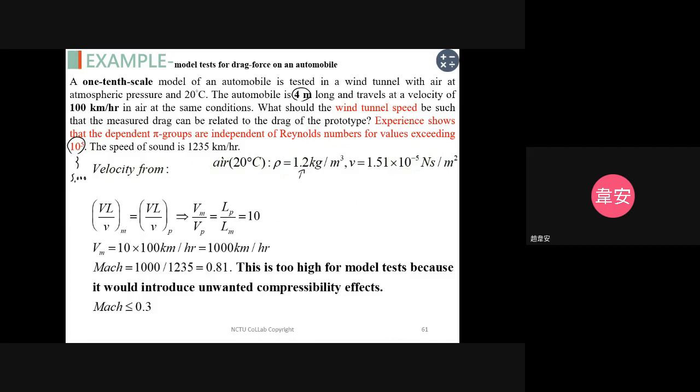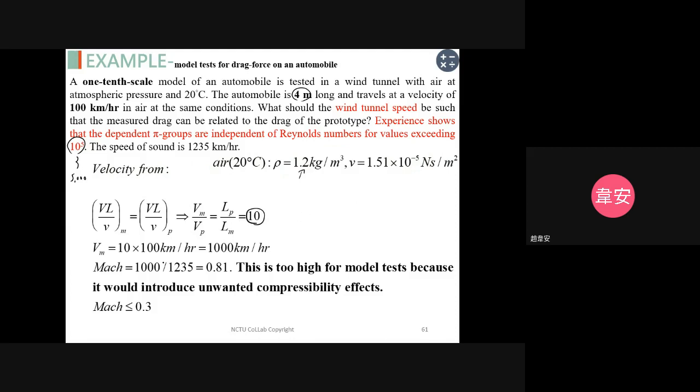Because of these problems, we first satisfy the Reynolds numbers being equal in the model and the prototype, and then we have a velocity ratio equal to 10. And knowing the velocity in the prototype, finally we know that the speed required in the model is 1,000 kilometers per hour.